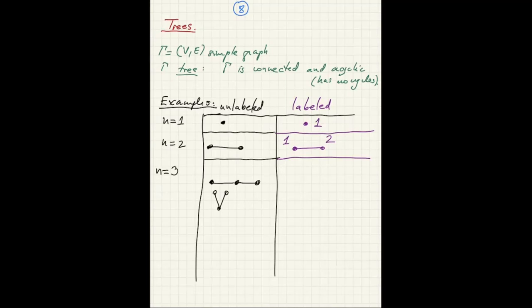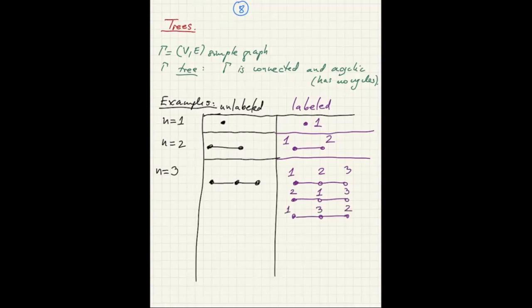There's just one. Now, what happens when we draw the labeled trees? I can label them 1, 2, 3, but I can also put 1 in the middle, this is 2, 1, and 3, or I can put 3 in the middle, I can put 1, 3, and 2.